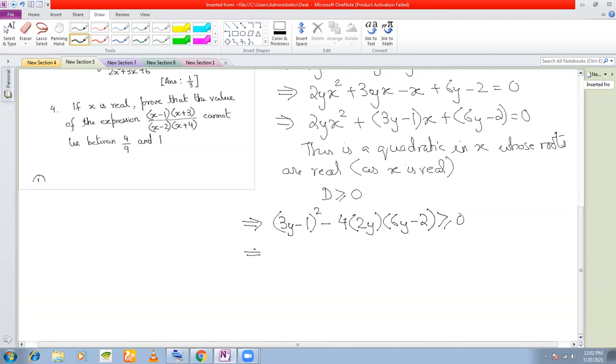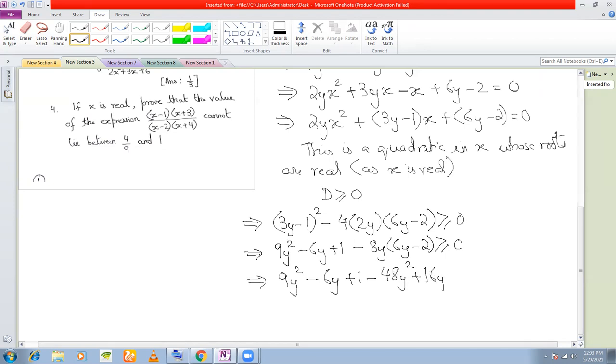So now you expand this: 9y square minus 6y plus 1 minus 8y into 6y minus 2 greater than or equal to 0. 9y square minus 6y plus 1 minus 48y square plus 16y is greater than or equal to 0.